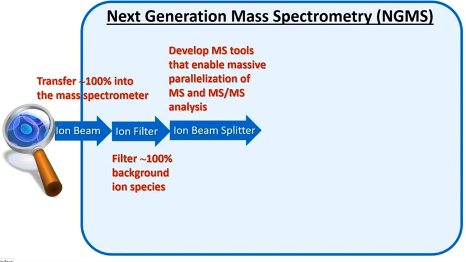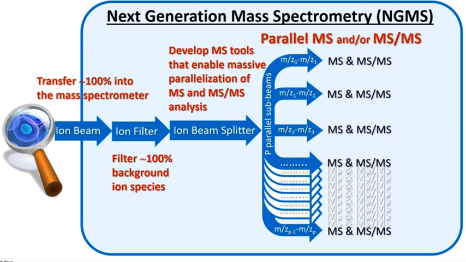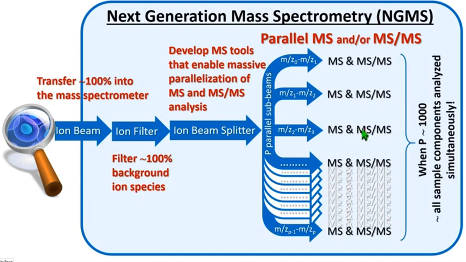But most importantly, this technology should enable us to split the ion beam into multiple sub-beams, which can be analyzed by other mass spectrometers, maybe sequential ones. But it can be shown that if the number of parallel channels is 1,000, then all sample components can be analyzed simultaneously with the fraction of time needed to analyze just one.